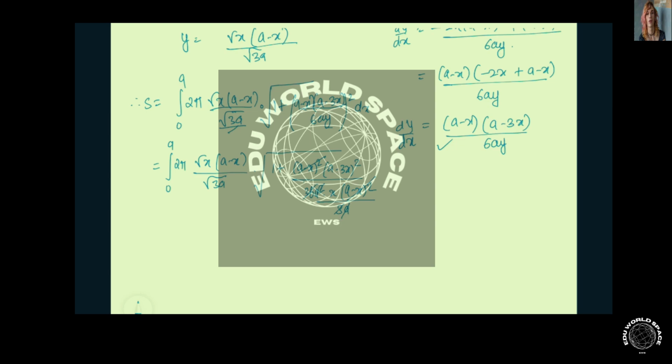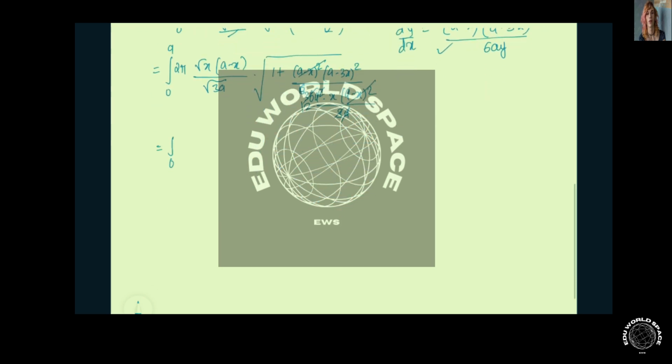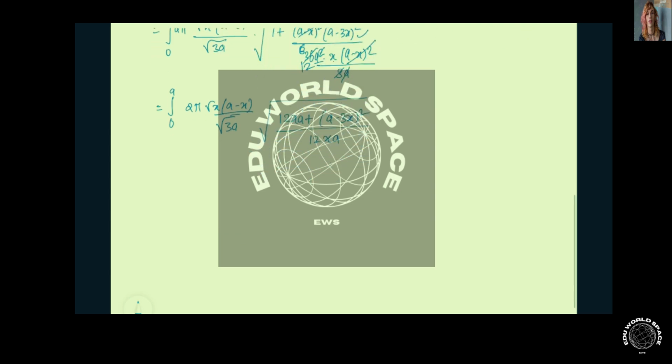So this is the integral from 0 to a of 2π √x (a − x) over √(3a), and here we are left with (a − 3x)², and in the denominator we have 12xa. So this gives the root of (12xa + (a − 3x)²) divided by 12xa.